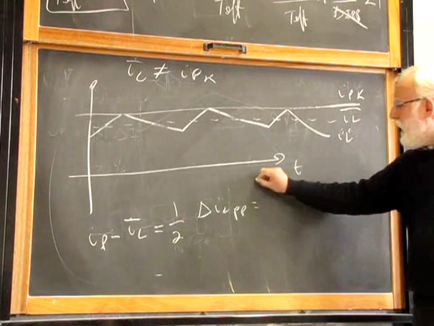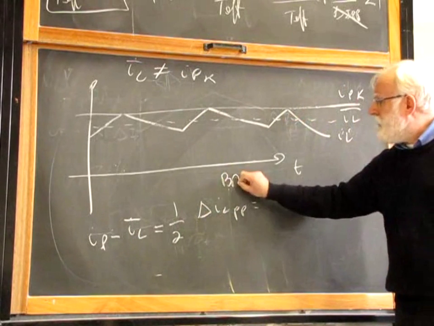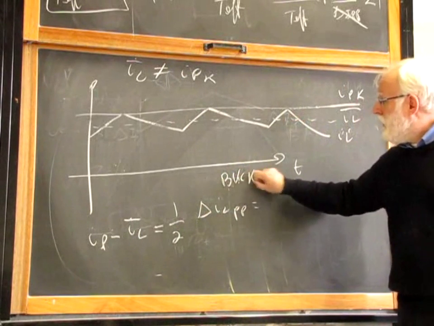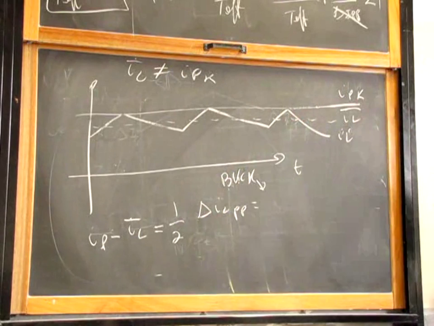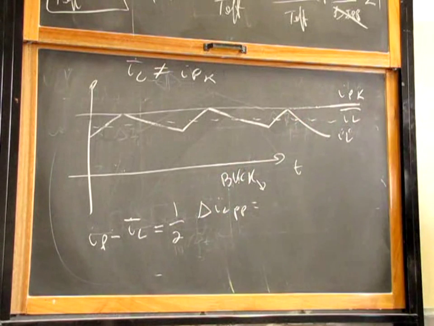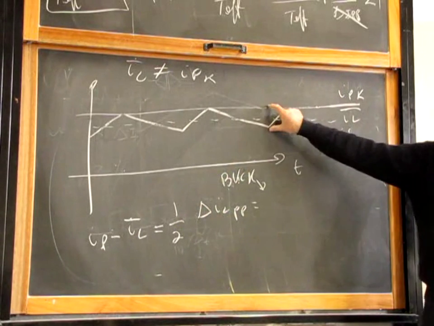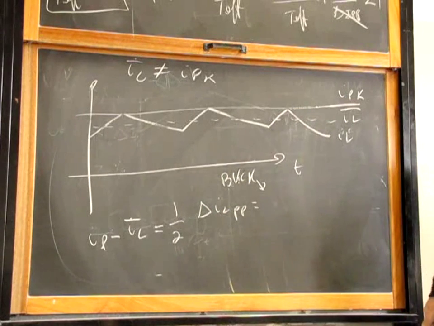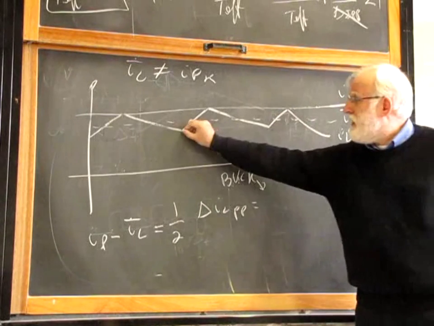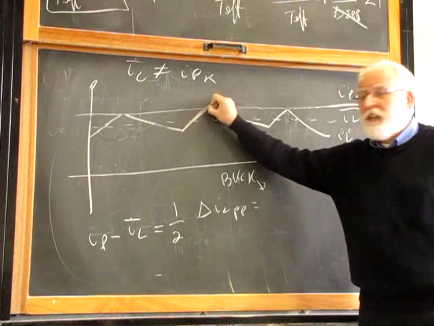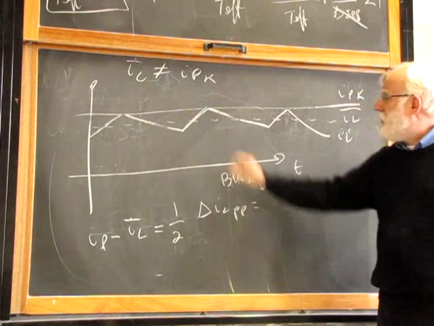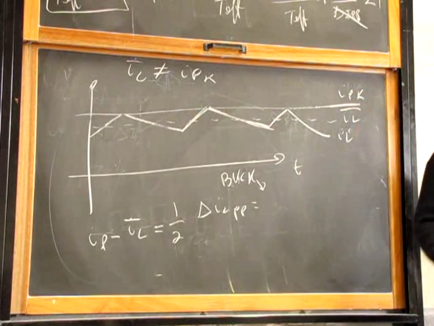Let's go for the buck converter. What I tell you now is for the buck converter. For other converters, there is a small change in the equations. How much is this delta IL peak to peak for a buck converter? Well, you can either find it out from going up the slope or from coming down the slope. It's the same.